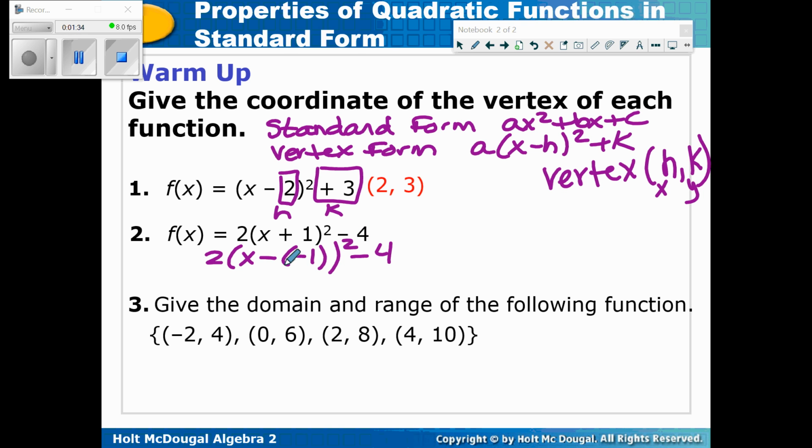That's how this became a plus sign, because it was a double negative. So now my h for this example is negative 1, and my k is negative 4. So my vertex would be (negative 1, negative 4).